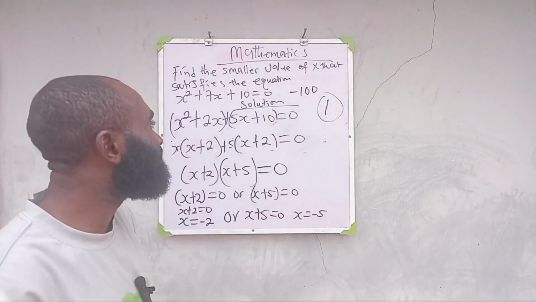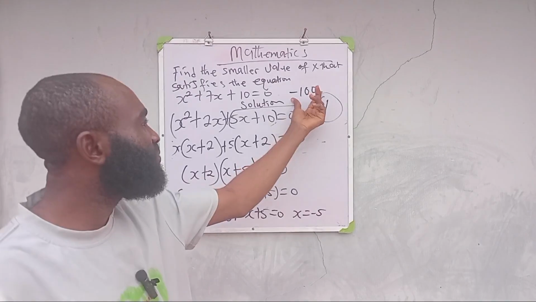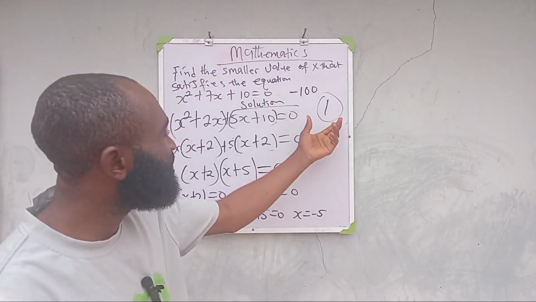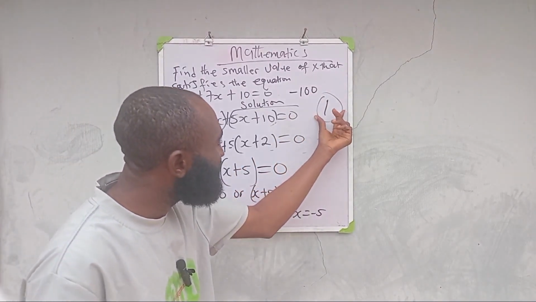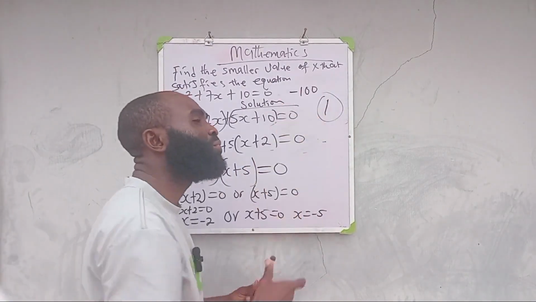The reason being that, assuming you are owing somebody 100 naira and another person has just 1 naira, that person is richer than you.